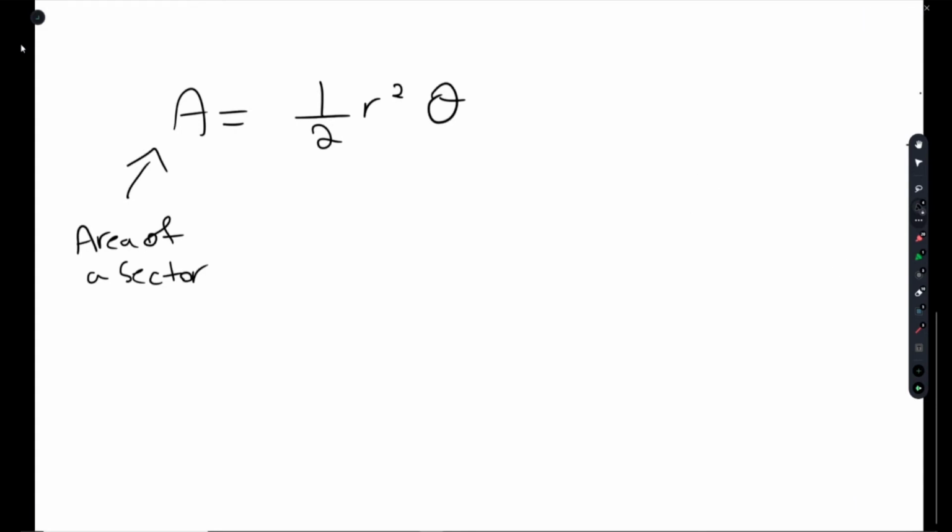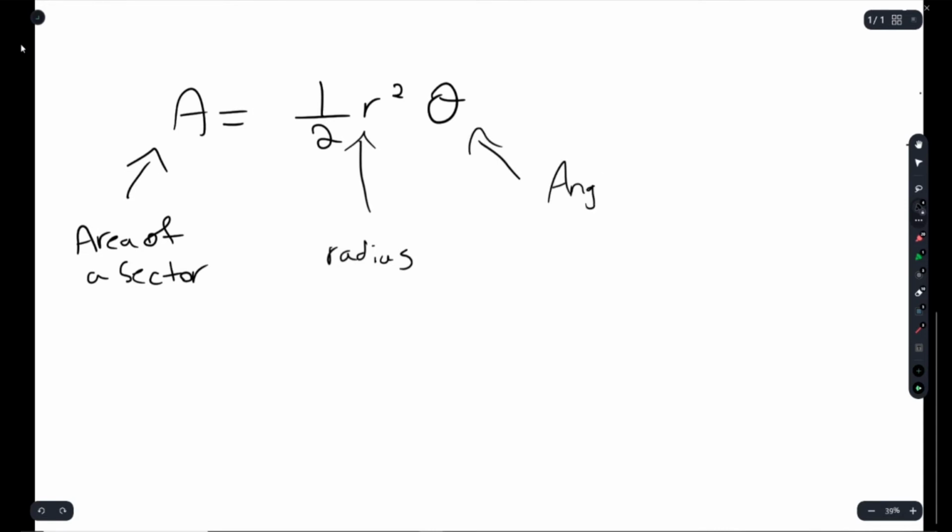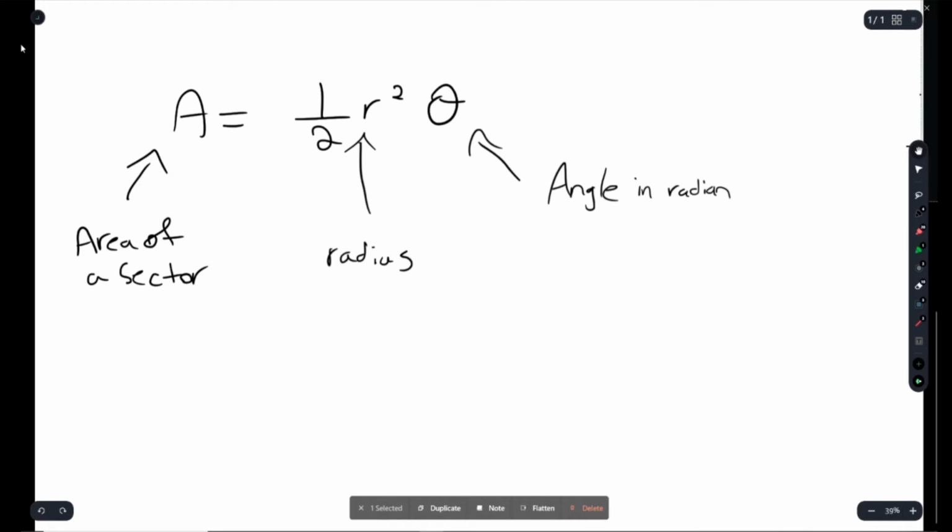It will be more clear in our example. So then 1 over 2 is 1 over 2. And then r is the radius, it's r squared. Then theta is the angle in radians. So we'll use the same example we used last time.